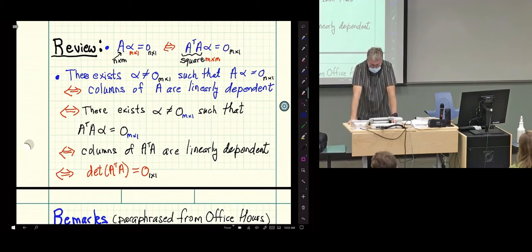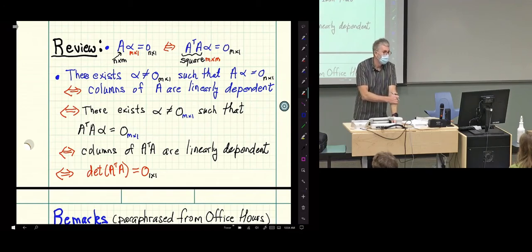And so there exists a non-trivial solution to A alpha equals 0 if and only if the columns of A are linearly dependent. And that's if and only if there exists a non-trivial solution to A transpose A alpha equals 0. The nice thing about A transpose A is that it's square, and we know about uniqueness of solutions of square systems of equations.